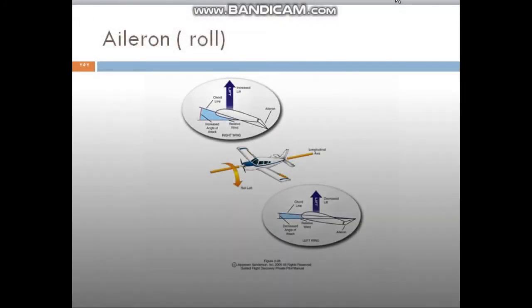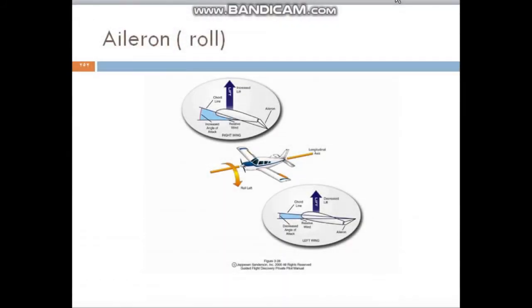For more emphasis, we will illustrate each movement around each axis and which control surface will make this movement. I will start by illustrating the ailerons and the rolling movement around the longitudinal axis.